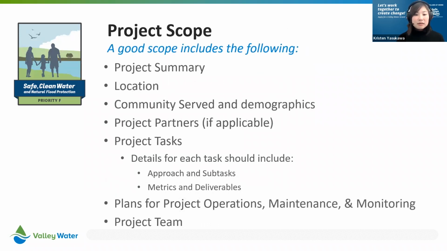So one key document that will need to be uploaded for your application is a project scope. So a really strong project scope is going to include a brief project summary, and clearly explain and identify the location of the project. We do understand some projects are going to maybe be virtual, or they're going to be open countywide to the public.